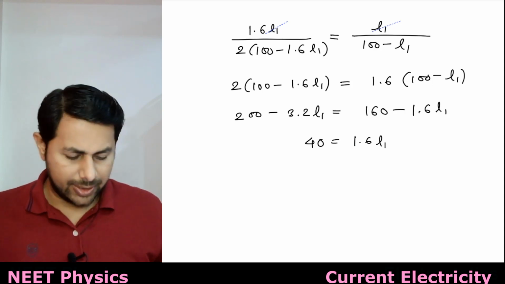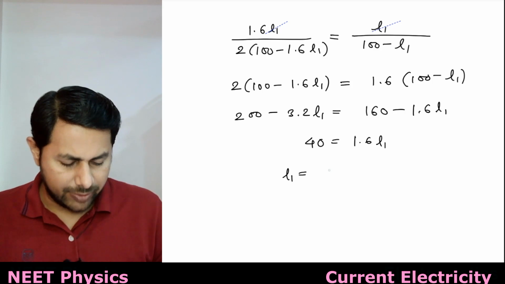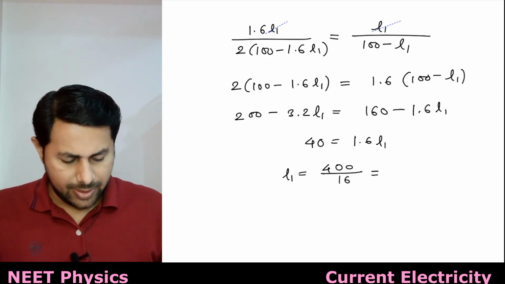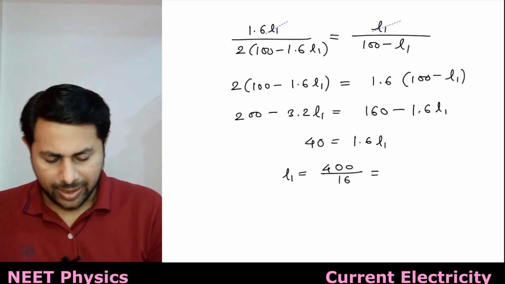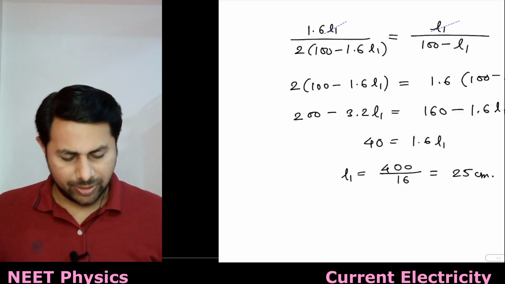Multiply this equation by 10, so 400 is 16 L1. So L1 is equal to 400 divided by 16, or 100 by 4. That means 25 centimeters. So we got L1 equals 25 centimeters.